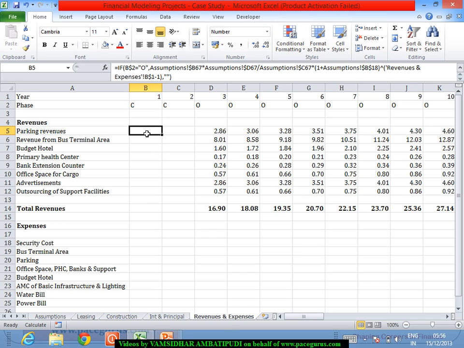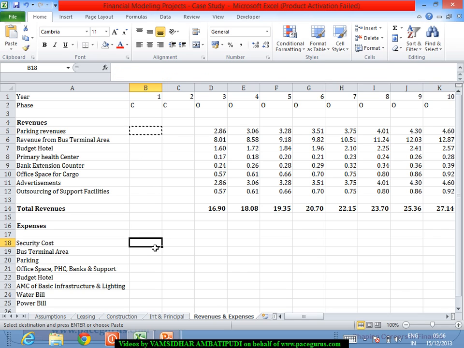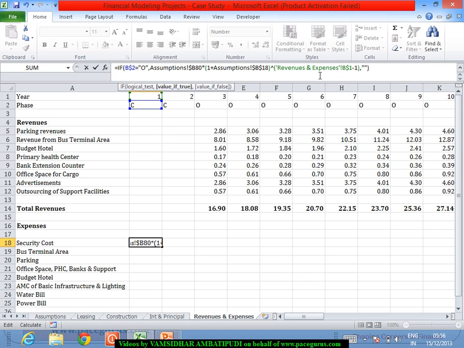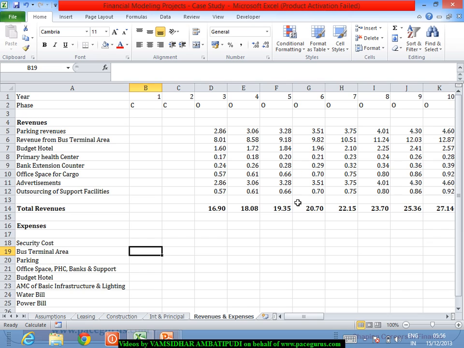Right? So what I'll do is copy this formula and paste it here with a small modification. I don't have these utilization factors, so I'll not consider these two utilization factors here, but apart from that, I think the formula looks the same. So if I try dragging it, I'll come to know.